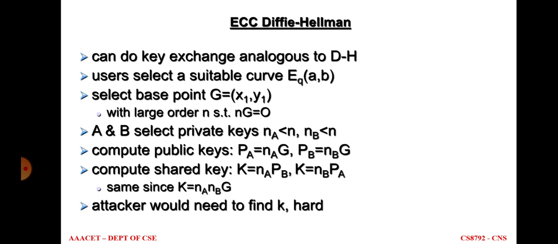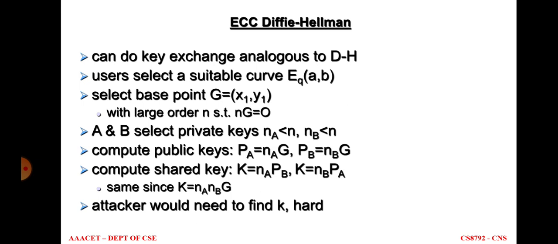Here ECC is one concept and Diffie-Hellman is a different concept. Now we are going to combine both concepts. That's why we are using the elliptic curve pair of points, and also the private key, public key and shared secret key values for the Diffie-Hellman concept. So A and B choose private keys of their own, NA and NB, which should be less than n, and then compute the public key values using NA and NB, that is PA is equal to NA into G, PB is equal to NB into G. Here G is nothing but the base point which is needed for drawing the elliptic curve.